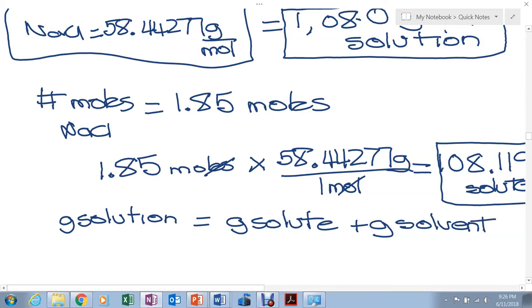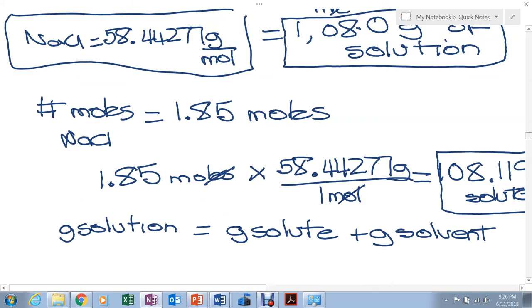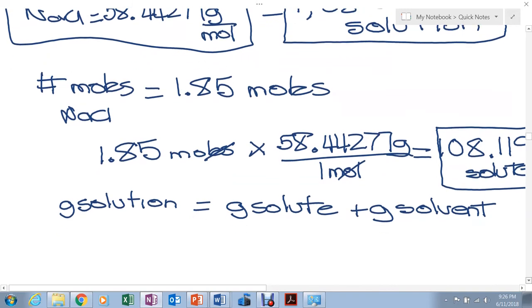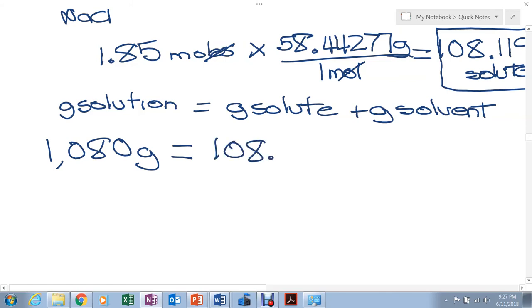Okay, what are the grams of solution? We have it, and it was from the density, 1080 grams. The grams of solute we got here, 108.119 grams.